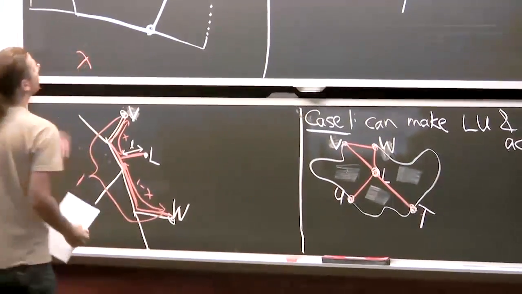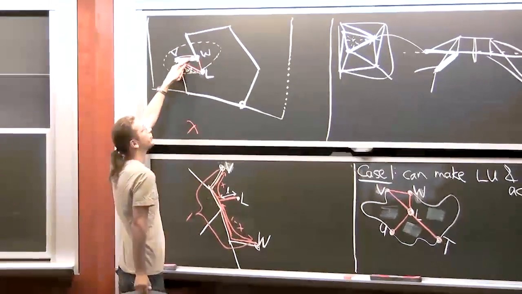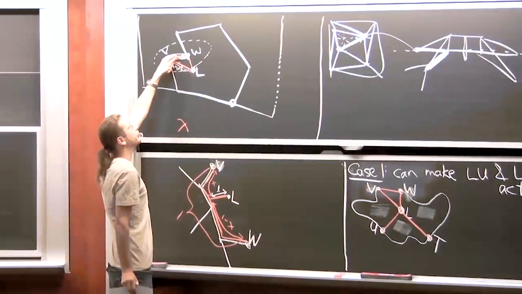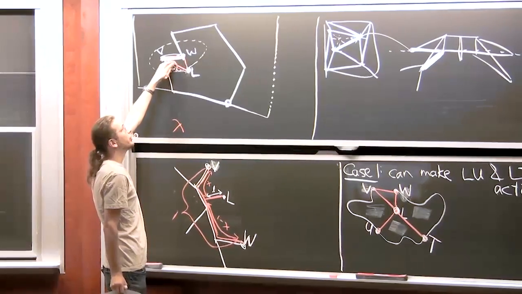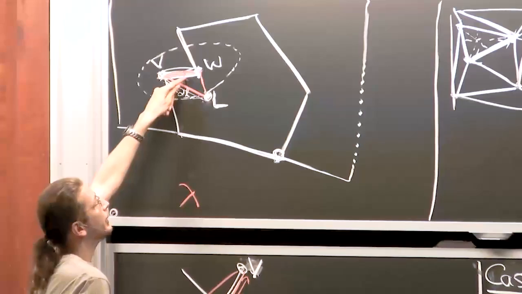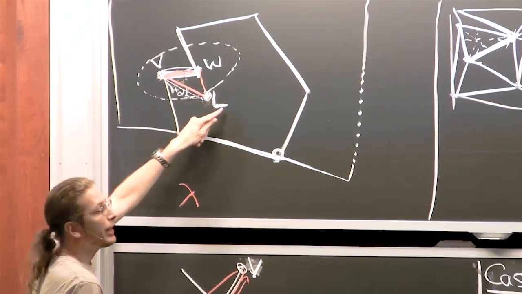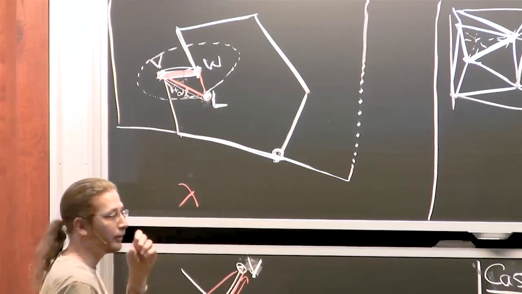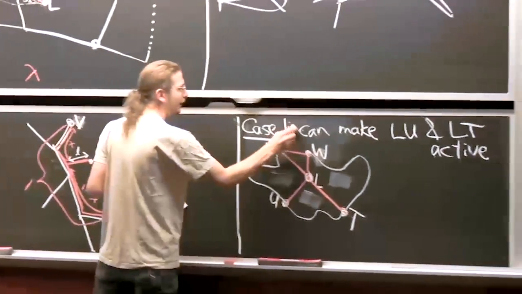So what I'm going to do is try to move L around. I'm going to start very close to VW and just start moving off the edge. Initially, nothing else will be active because it's basically right on top of VW. But as I move around, I might get another active path. Okay, maybe this is case 1A.